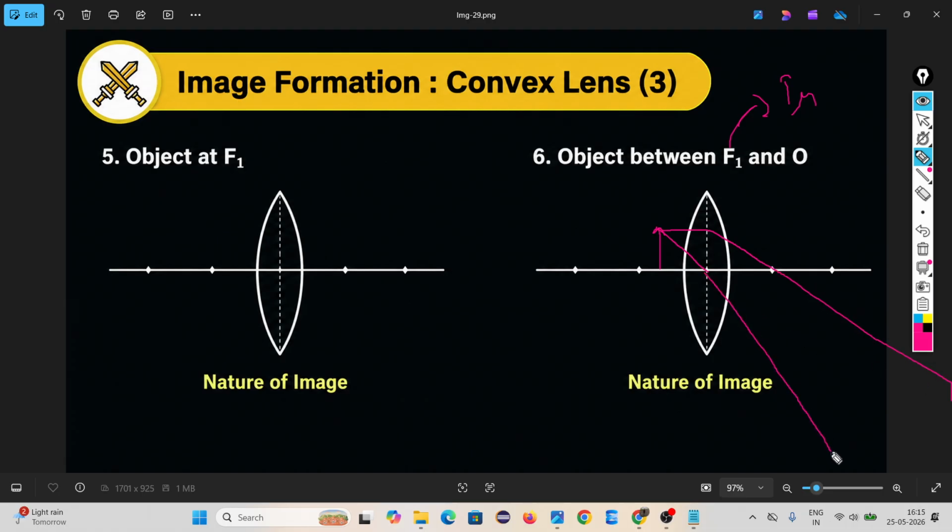Look, they are diverging. This is F2, 2F2, F1, 2F1. This one is important. They will never meet each other. They are diverging.